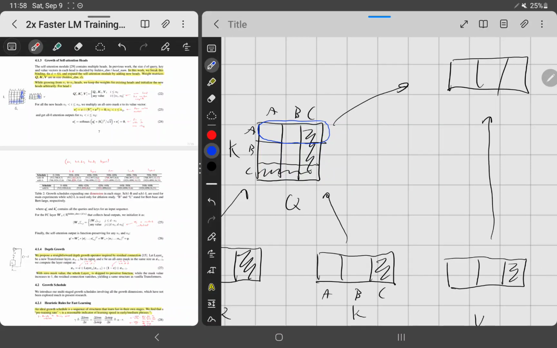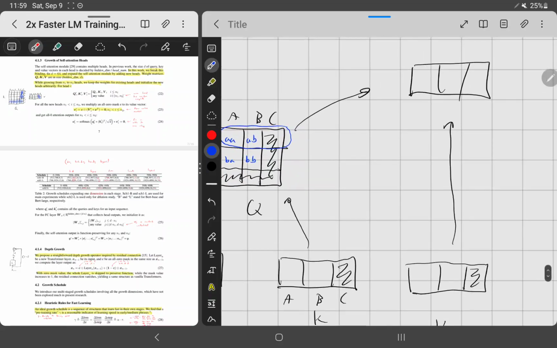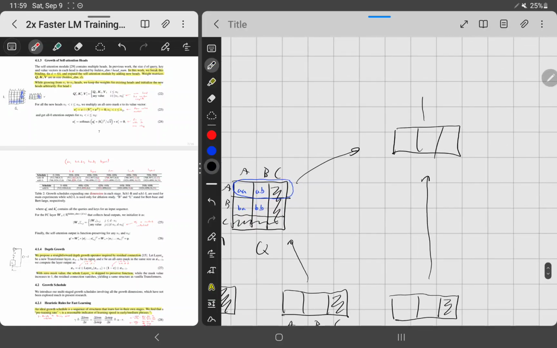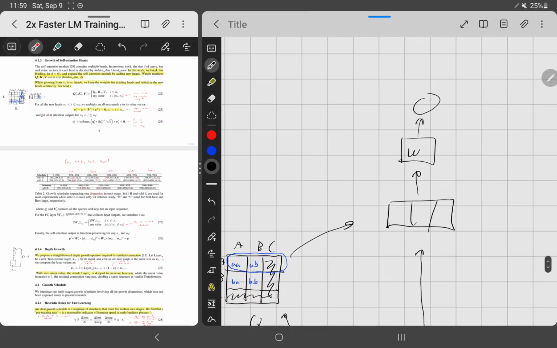So you mask it before the softmax, and then the softmax only looks at these two values here. So this value will be maybe A, and this is AB, BA, BB. Then your values will be composed of these linear combinations according to these weights here. And assuming that these are masked, then your output values will be fine. And then you can just send this through a weight matrix and you get your output.